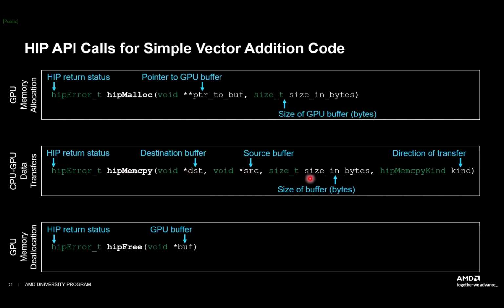You can set the size of the buffer that you want to send in bytes. And then this last argument shows the direction of transfer. So you're transferring data either from the CPU to the GPU, so that would be host to device, device to host, or device to device. And when you want to deallocate the memory, you can use hipFree and just pass in that GPU buffer.